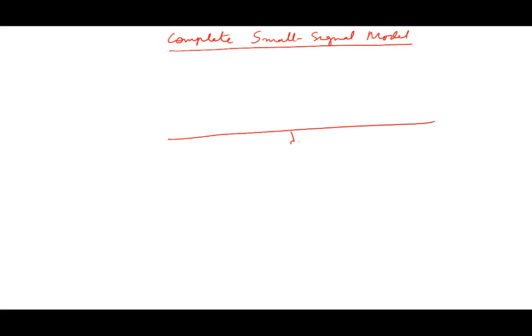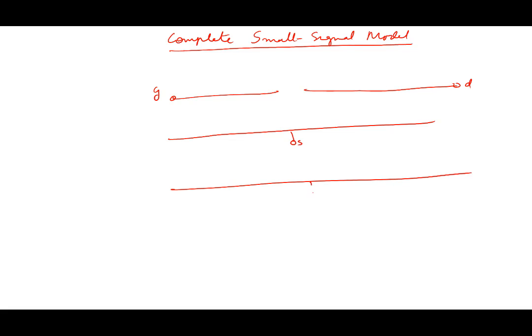This is my source side, this is my gate, this is my drain here, this is my body here. We put all these. Now by now you should know these terms here. Two current sources and one R0. So this much we have seen.